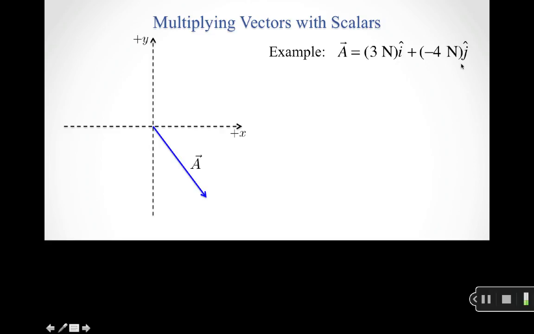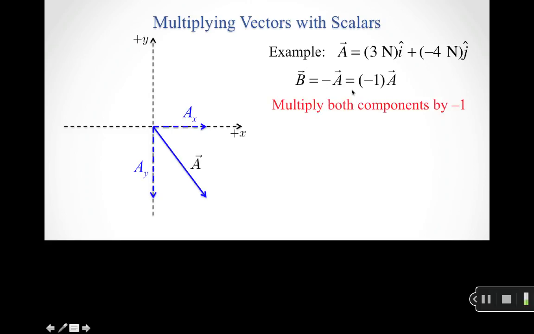So we'll deal with vector A. It's going to be equal to 3 newtons i hat plus negative 4 newtons j hat. So it's going to point 3 newtons in the positive x direction and 4 newtons in the negative y direction. If I want to create a new vector, I'll call it vector B, by taking this particular scalar, which happens to be negative 1, and multiplying it by that vector A, my rule says I'm going to multiply both components by negative 1.